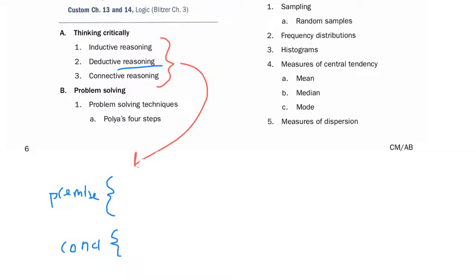And the most classic example is: all men are mortal. Socrates was a man. Very famous example of deductive reasoning. Therefore, Socrates was mortal.